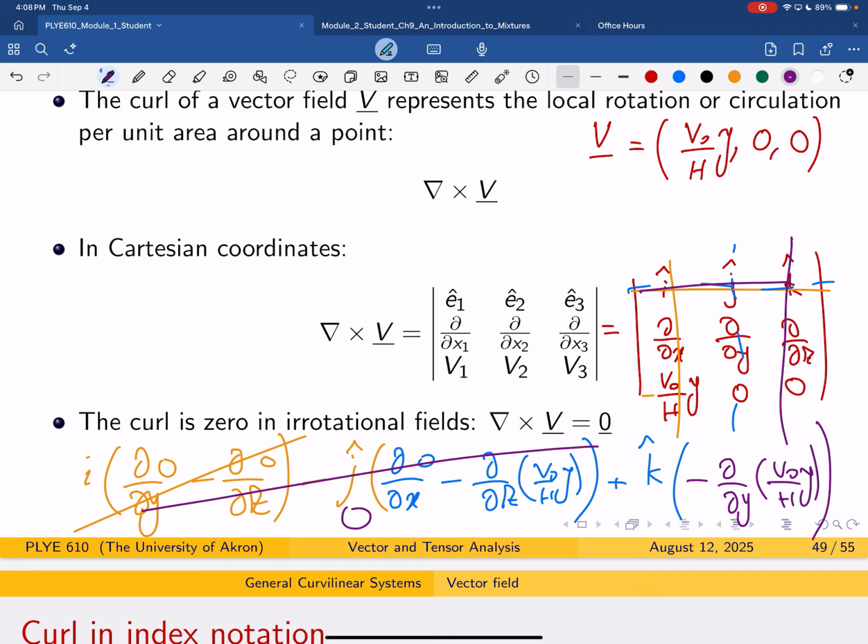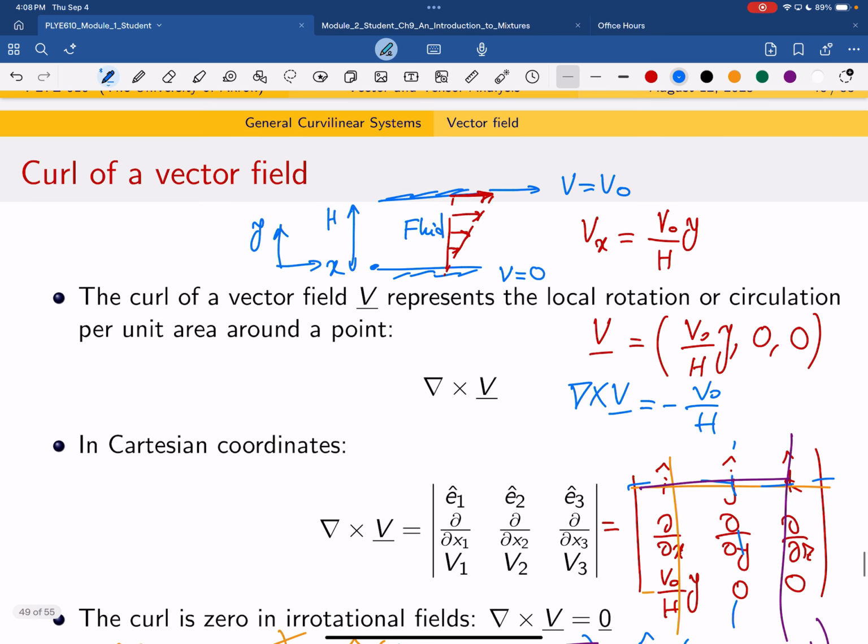So the last one is what? d/dy of v0 y divided by h, which is v0 divided by h. That's the rotation I'm going to get from this flow, and it is in the k direction.